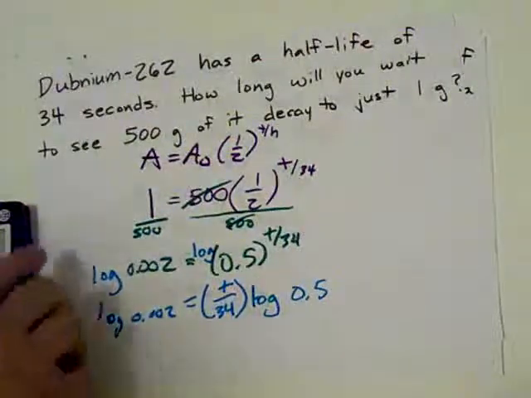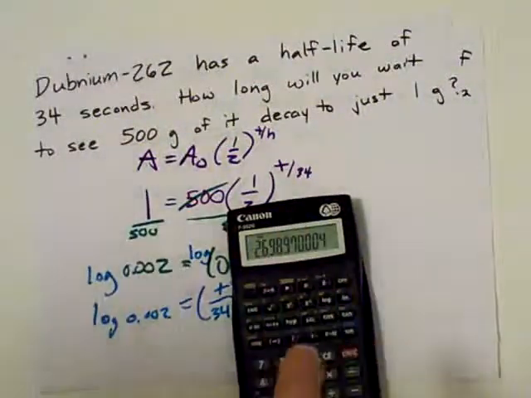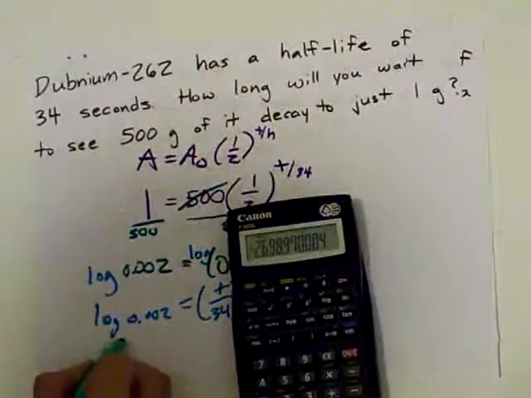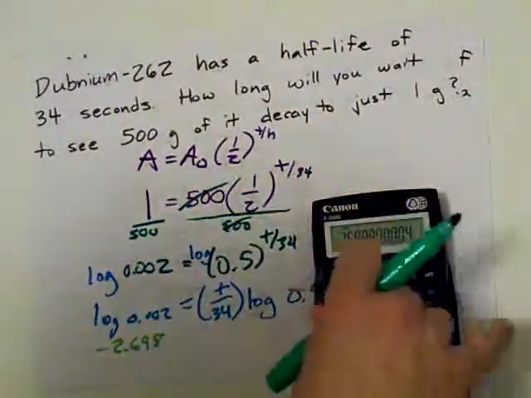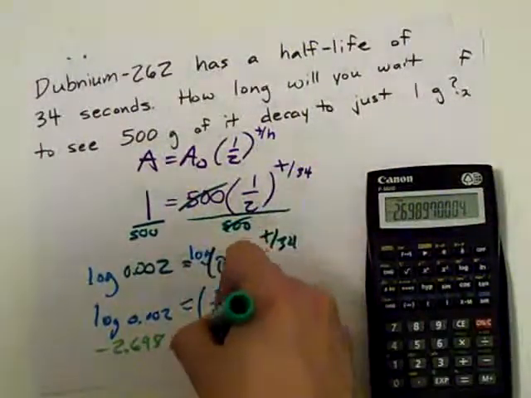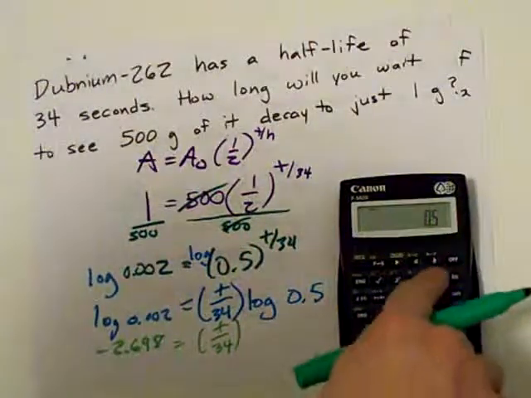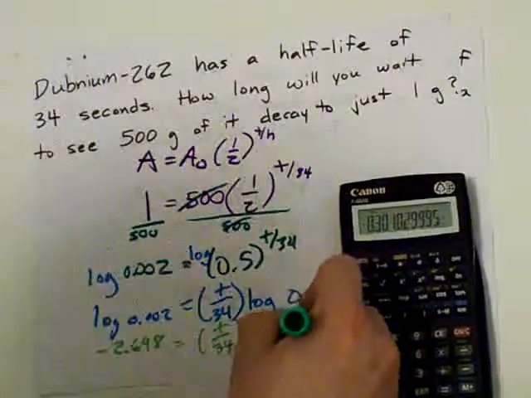What's the log of 0.002? 0.002 log. Negative 2.698. What's the log of 0.5? Well, we'll do that on our calculator. We get 0.5, take the log of it, negative 0.301.